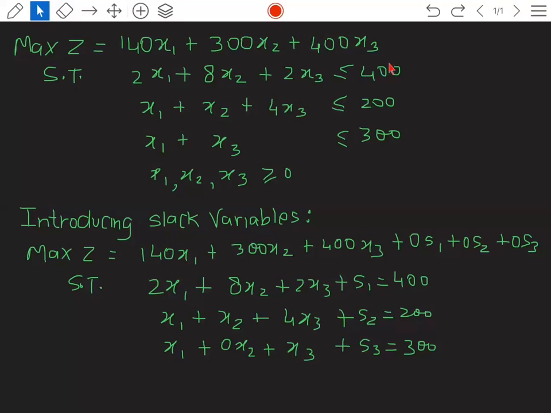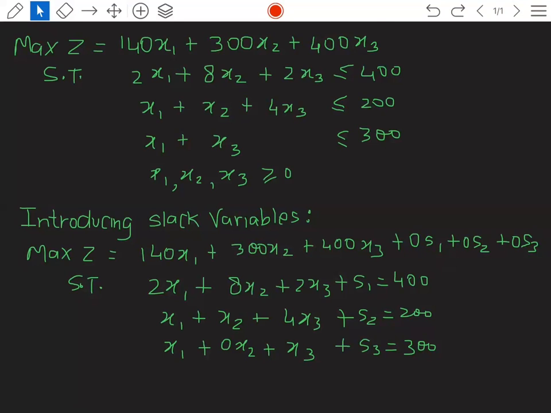To save our time, I have taken this question and also converted it into a simplex compatible form by simply adding the slack variables. These slack variables are S1, S2, S3, and their coefficients in the objective function will be 0. The logic for this we have discussed in the previous videos.